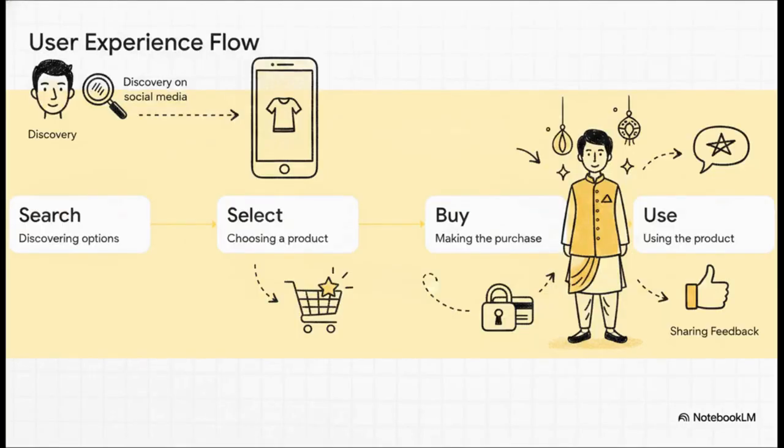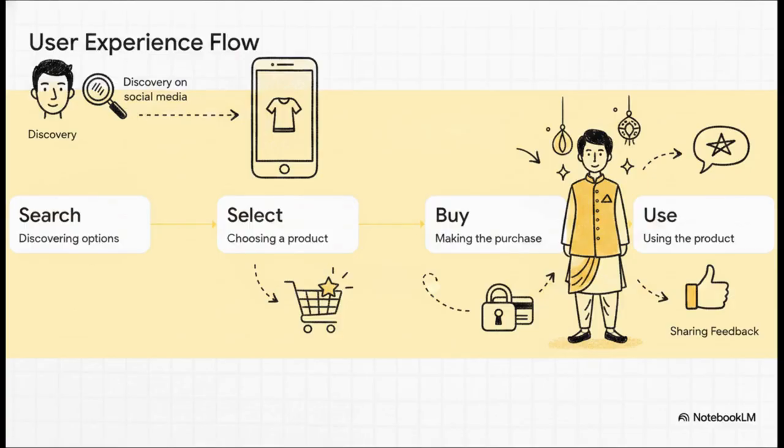Now, why do we actually need this? Well, a lot of design problems are completely invisible if you're only looking at one isolated moment. Think about a standard flow: search, select, buy, and use. Imagine someone shopping online for the perfect kurta for Diwali. That experience doesn't just start when they wear it to the puja, right?